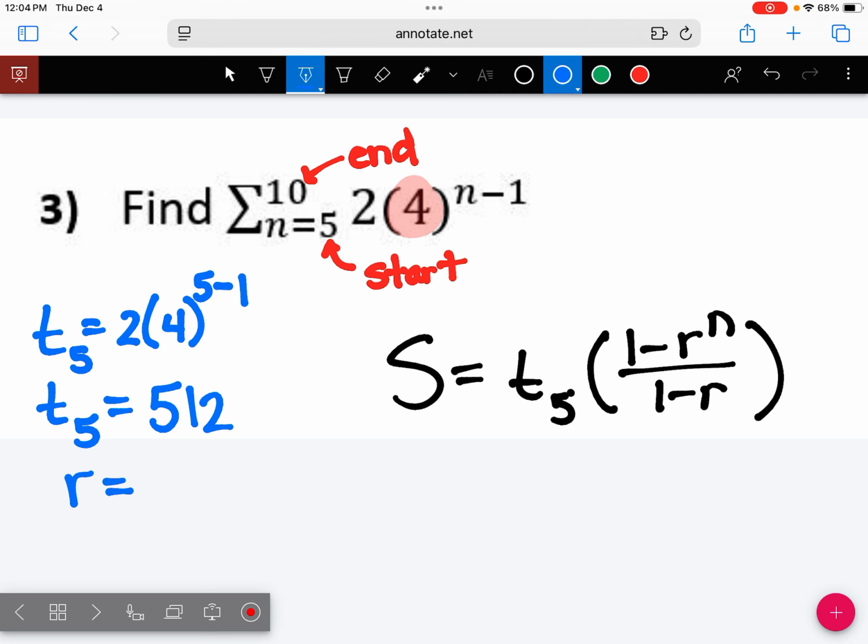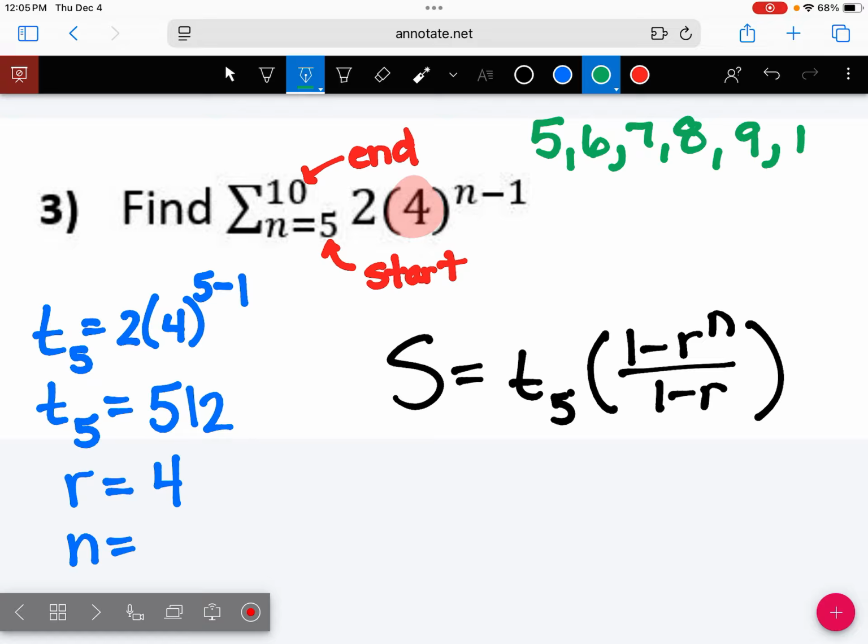4. Okay, now here's the tricky part. This is the question that most people get wrong. How many numbers am I adding? I disagree. It's not 5. I knew you were going to say 5, but it's not 5. So what I'm going to do, I'm going to write the numbers 5 through 10, and then count how many numbers you write.